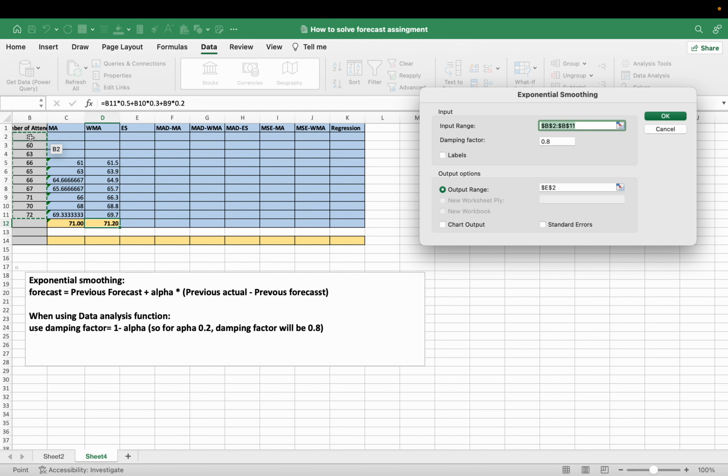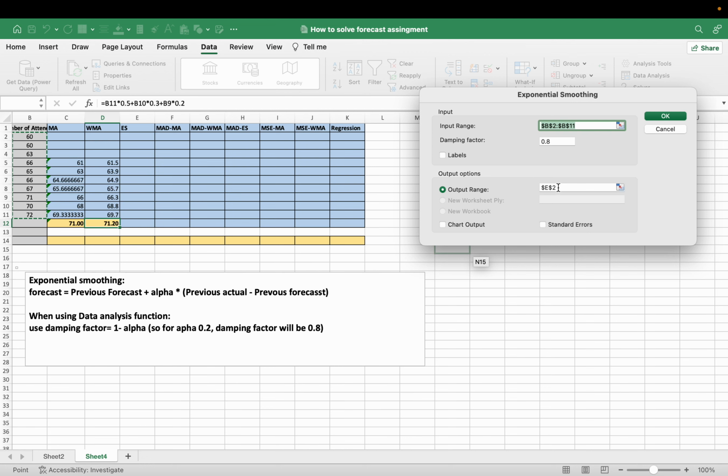Our input range is this one, and then damping factor. In the question it says alpha is 0.2, so the damping factor will be 1 minus alpha, so 1 minus 0.2 is 0.8, so we are supposed to write 0.8 here because this is the damping factor.